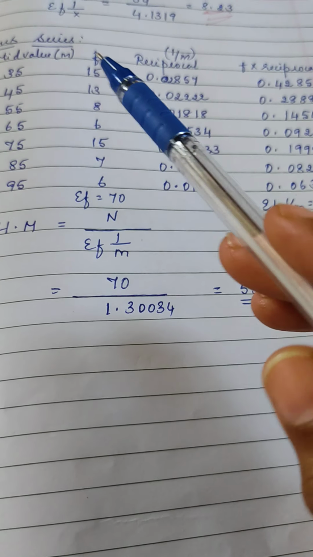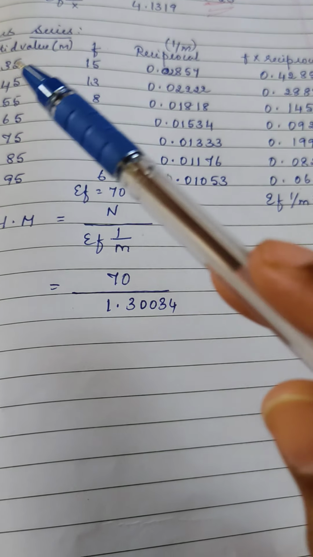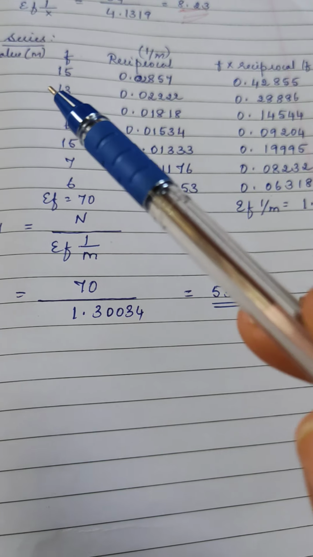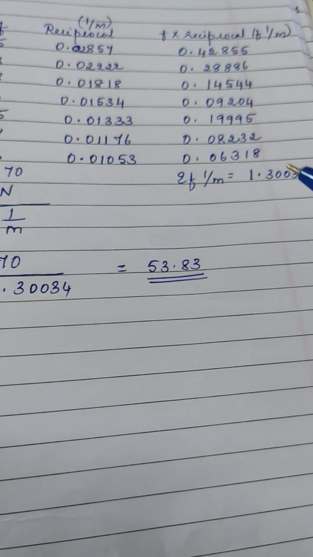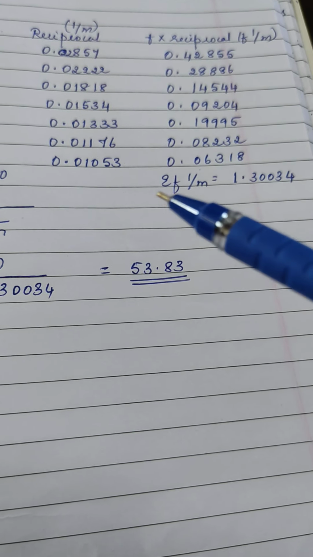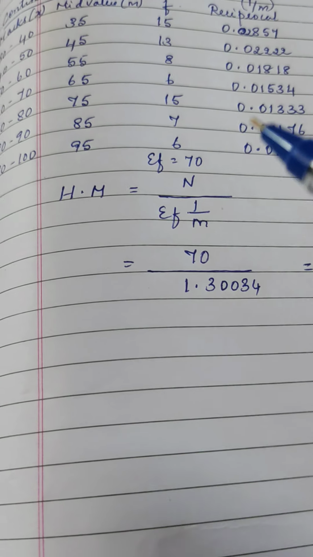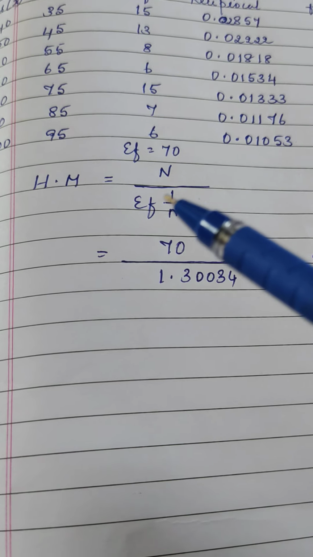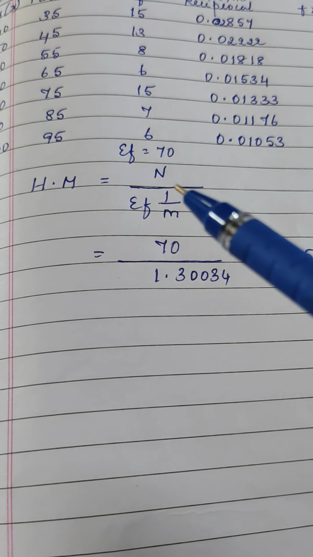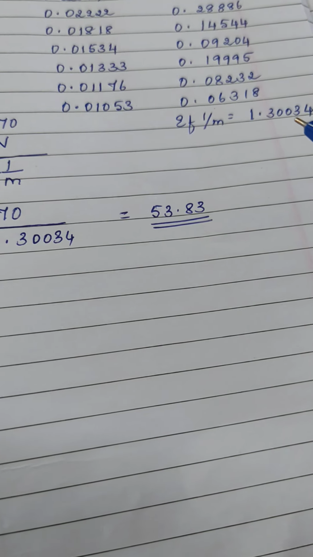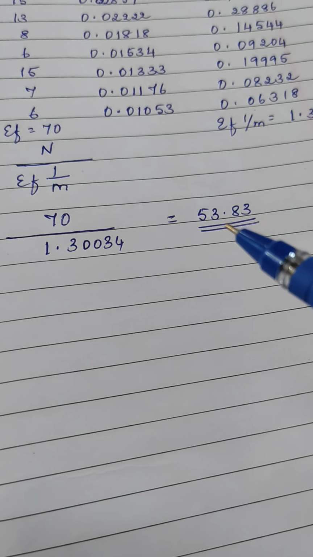So what you have to do: find the mid values, then find the reciprocal, that is 1 divided by the mid value. After that you multiply these two columns, and total them to get sigma f 1 by m. Then you apply the formula, n divided by sum of f 1 by m. Here n is 70. Sum of f 1 by m is 1.30034.